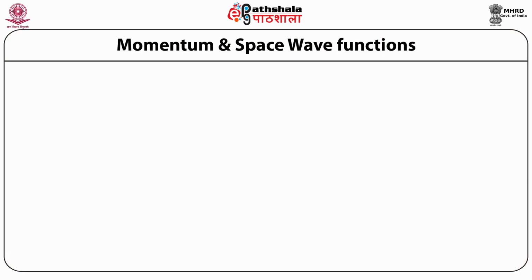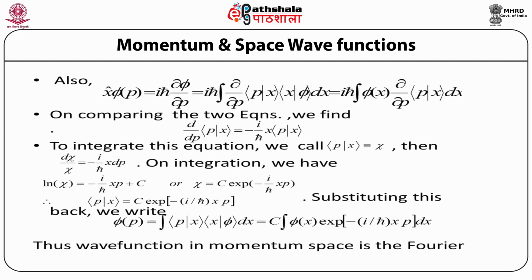Momentum and space wave functions. We can also see that operator x acting on wave function phi(p) is equal to i h cross del by del p phi, equal to i h cross integration over dx del by del p bra vector p, ket vector x, bra vector x, ket vector phi, and this is equal to i h cross integration over dx phi(x) del by del p bra vector p, ket vector x.